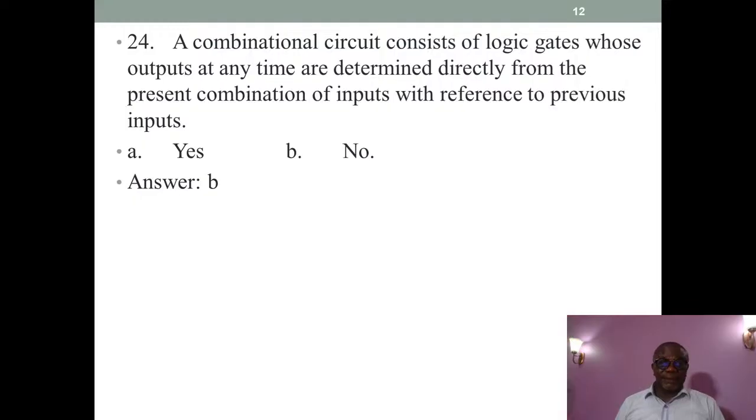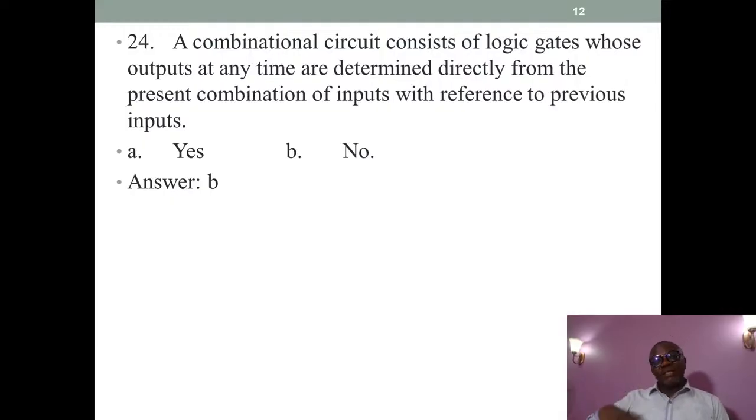Do you know why? A combinational circuit doesn't make reference to previous inputs. It takes what you input now, finds the combination of it using the type of gate you have fed it into, and gives an output.